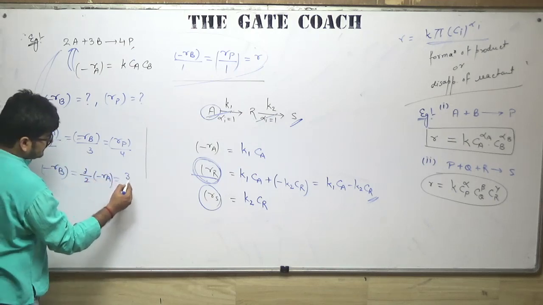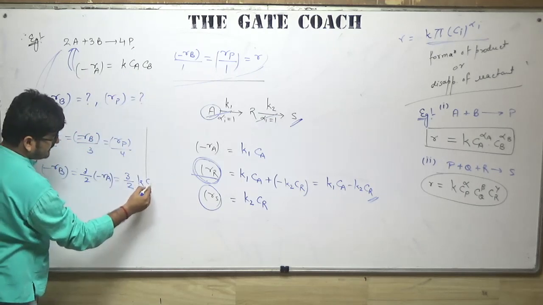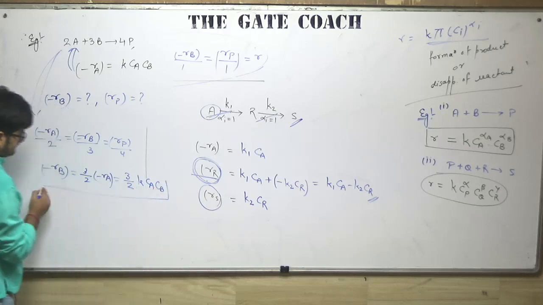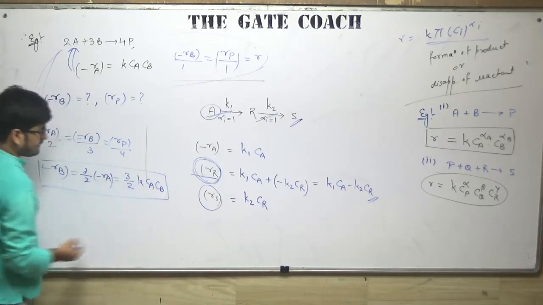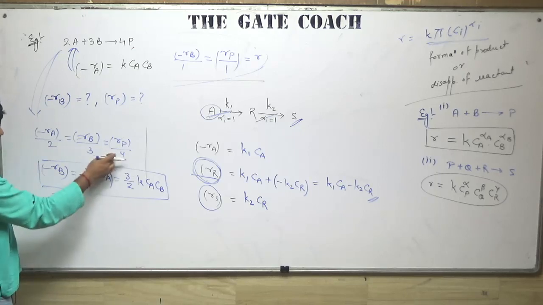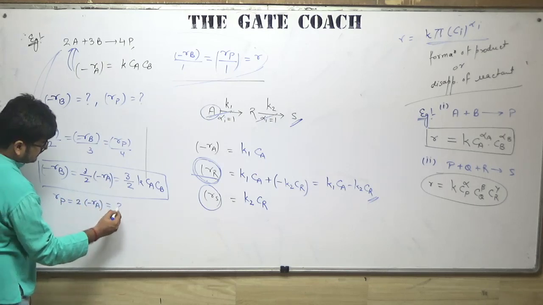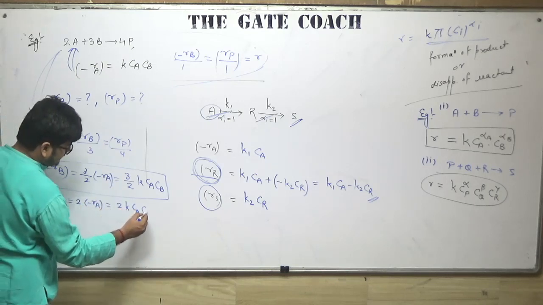That means 3 by 2 times of K Ca Cb. And rP will be equal to 2 times of minus rA, that is 2 times of K Ca Cb.